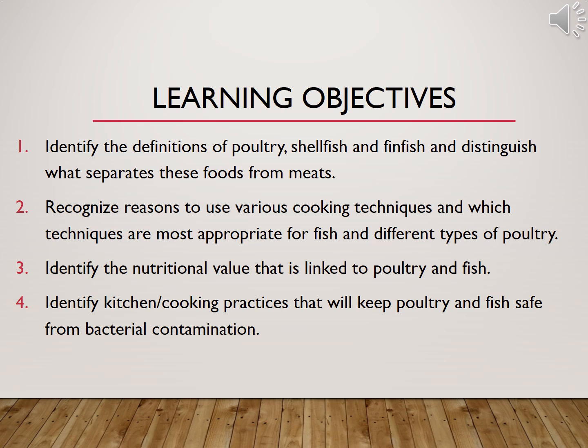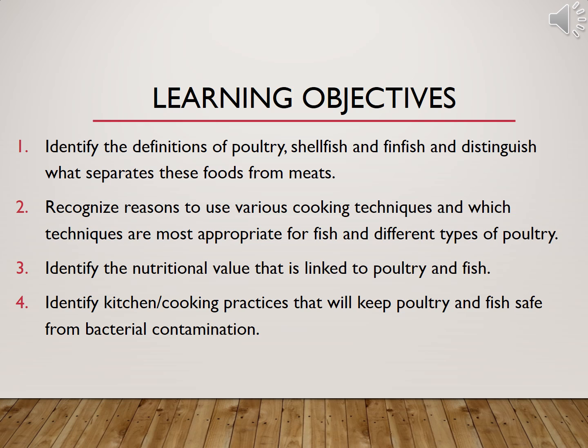Know which is most ideal for fish and which is most ideal for different cuts of poultry. There will be 2 cuts of poultry. Know these. We'll highlight these later on. Know which cooking methods, very general cooking methods, are best for each. Then be able to identify the nutritional value for poultry and fish.